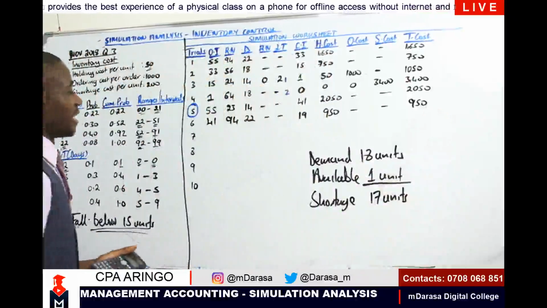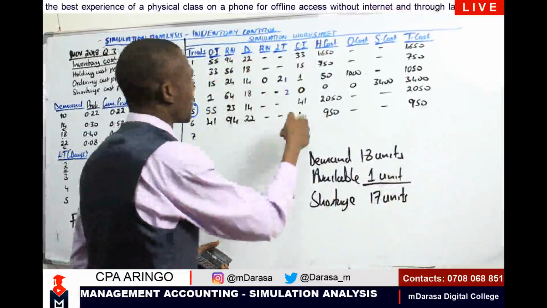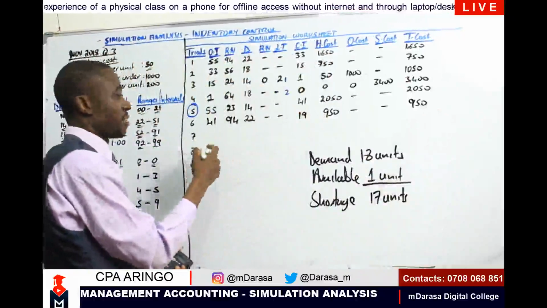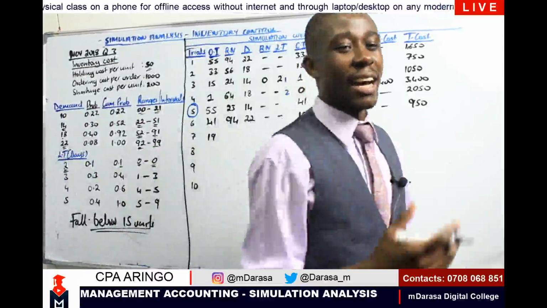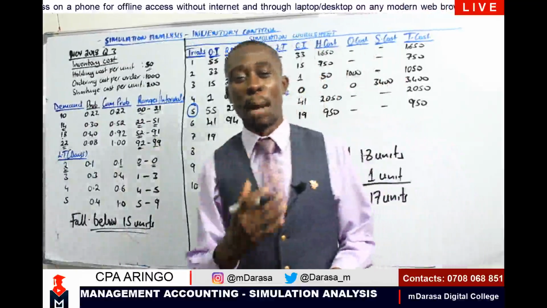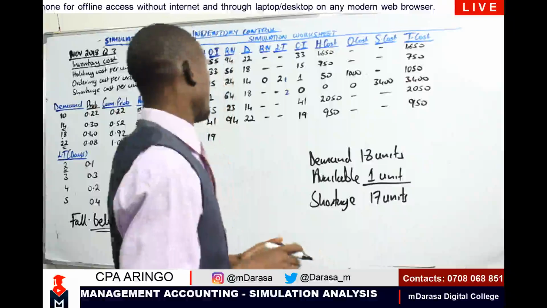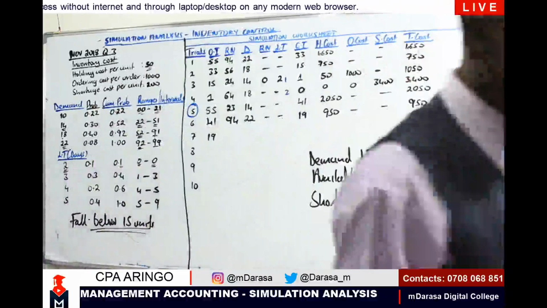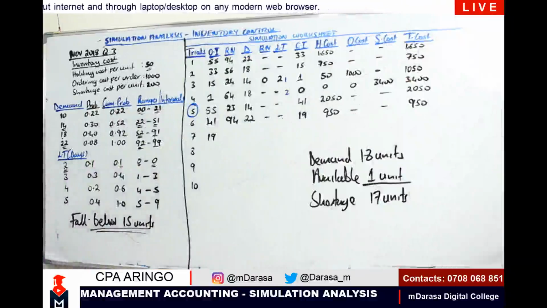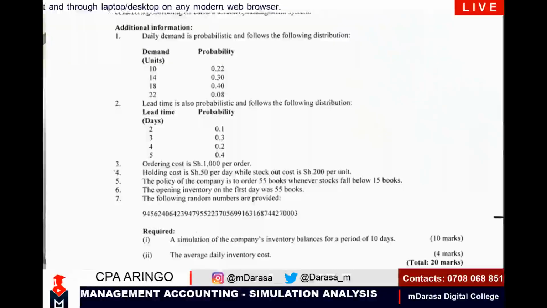Correct? Then day 7, our closing inventory should be opening inventory in day 7, right? Which in this case is 19. Consider the next random number. The next random number after 94, for those probably who are joining us right now, this was our question. Random numbers, I can clearly see after 94, I'm having 79.